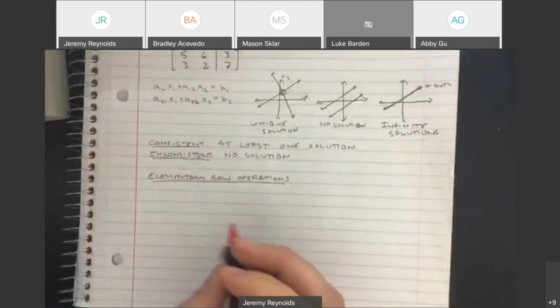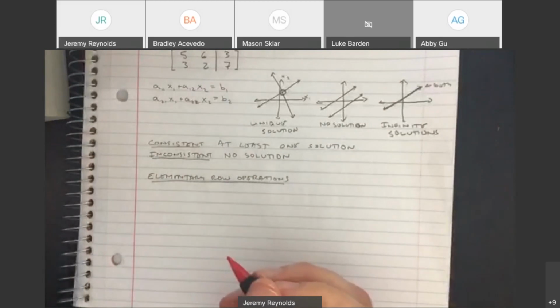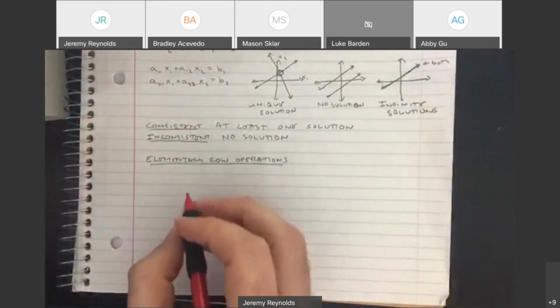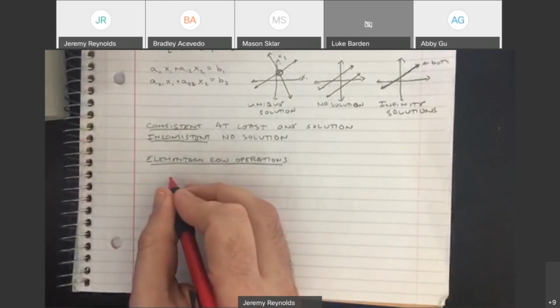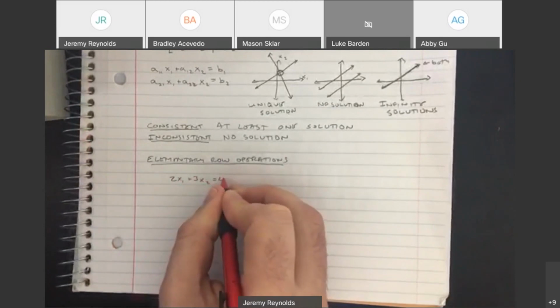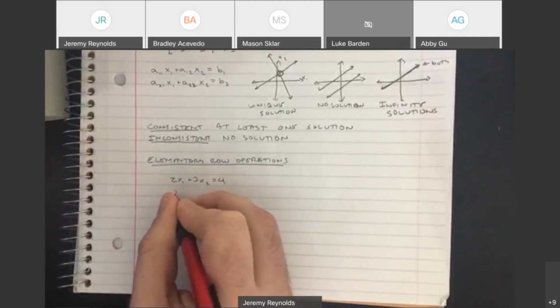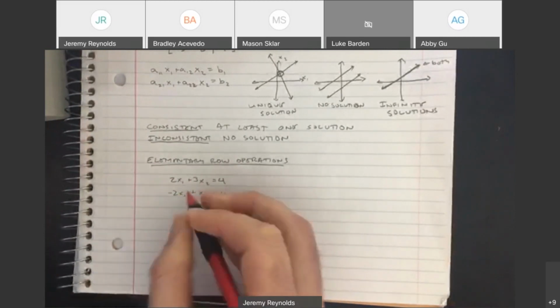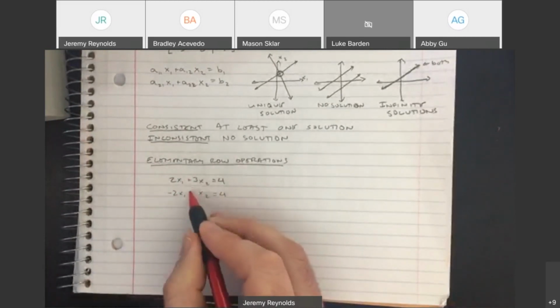There are a few things we do with equations all the time, and I'm going to put them on the paper so you're familiar with them. If we have 2x1 plus 3x2 equals 4, and negative 2x1 plus x2 equals 4, then we can add these two equations together.